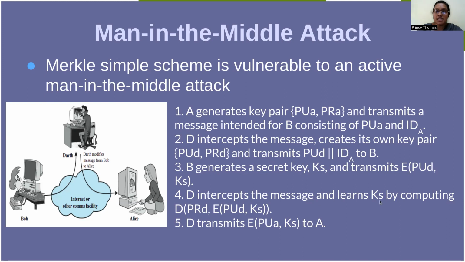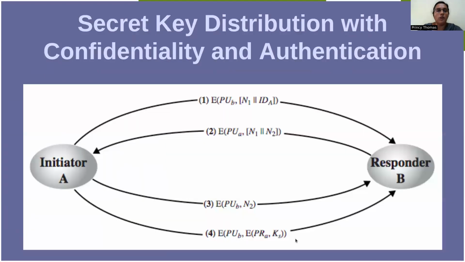Then D knows the public key of A, so he transmits this KS by encrypting it using the public key of A. So now A thinks this is KS, and B also has generated this KS. But in between, D has done a lot of operations where D also knows what KS is. So the secret has been compromised using the simple protocol.